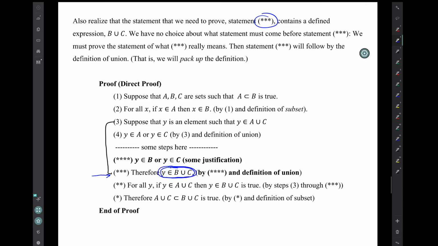Well, what that statement really means is this. So that circled statement, 4 asterisks, needs to be there before the statement that we really want, statement triple asterisk. Before we can say that statement triple asterisk is true, we have to first prove statement 4 asterisk. So once we prove that statement 4 asterisk is true, then we do what's called packing up the definition. We're packing up the definition of union.